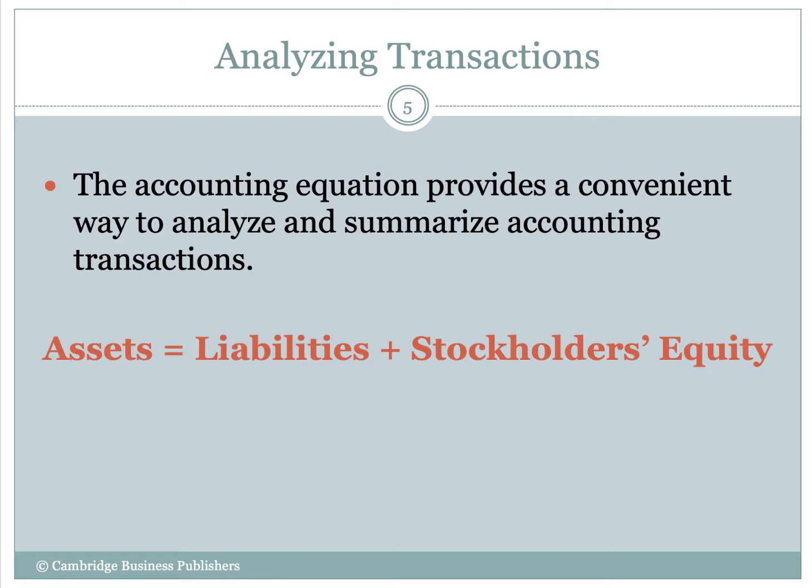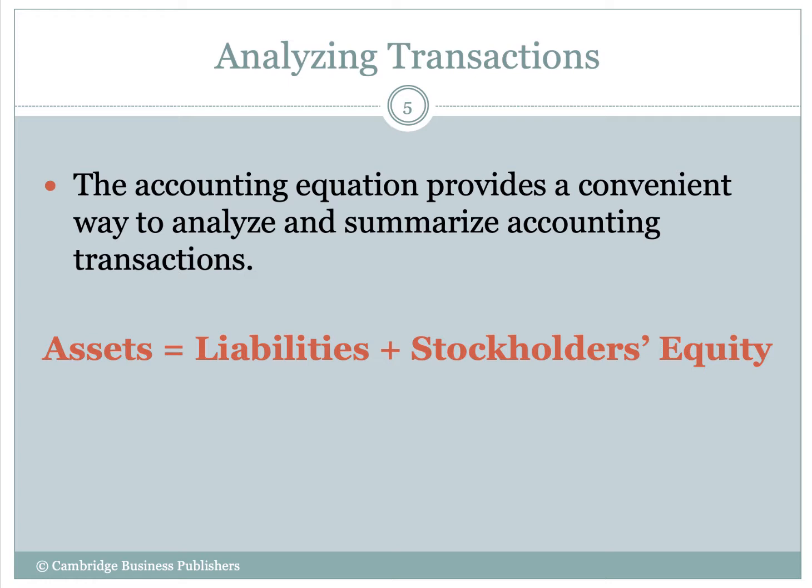Okay, so this accounting equation, right? Assets equal liabilities plus shareholders' equity. This never goes away, okay? This is the foundation of your accounting career or your accounting classes. We're always going to look at assets equal liabilities plus owner's equity, okay?